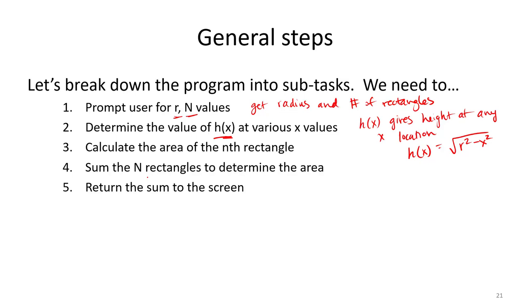Next, we need to calculate the area of the nth rectangle. So we can use our function h of x and the x position of that nth rectangle to determine the area. Finally, once we know the area of one rectangle, we can find the area of n rectangles and take the sum to get our area.